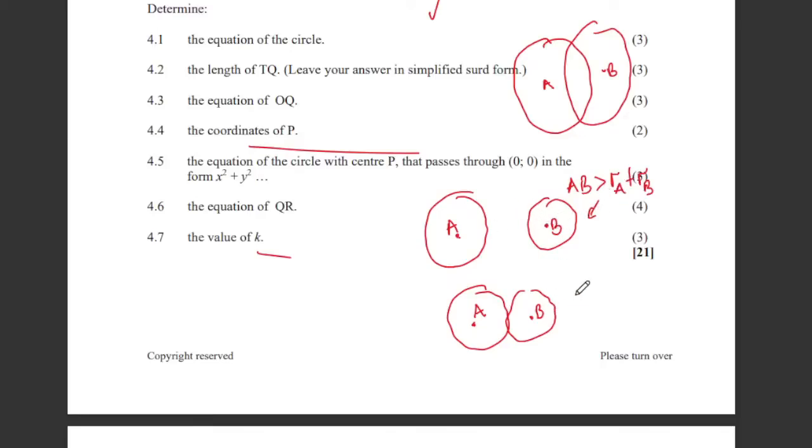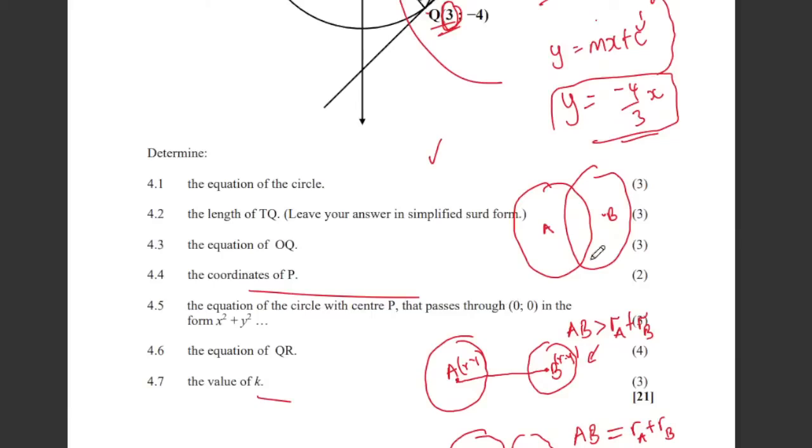Then, using the distance formula with the coordinates of A and the coordinates of B, if AB is equal to the radius of A plus the radius of B combined, then the circles will be touching at 1 point. Otherwise, they will be tangents to each other. Then with the last scenario, if our AB is smaller than the radii combined, then the circles will be touching at 2 points. We just need to remember this.